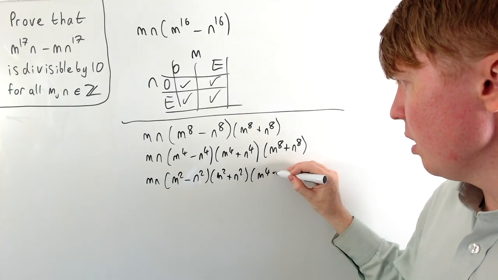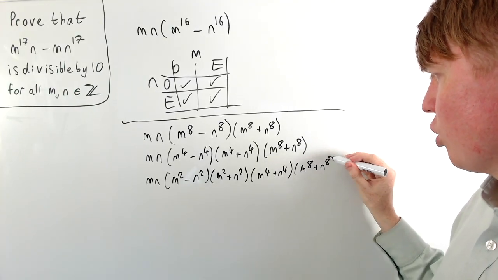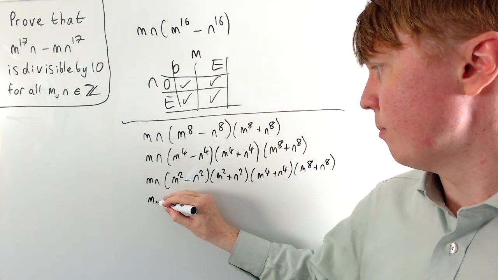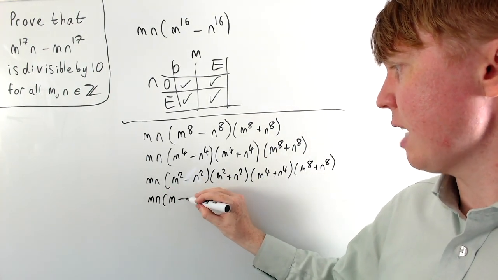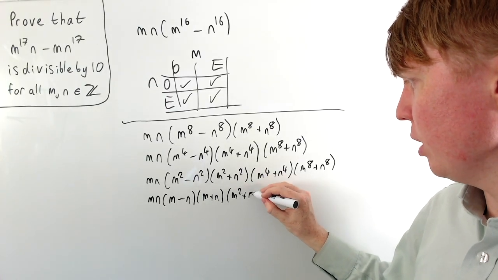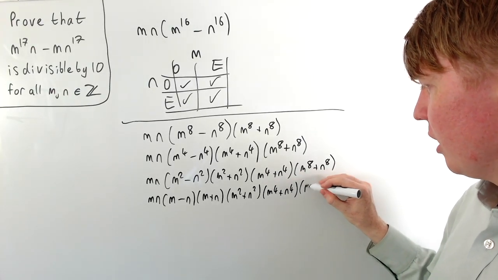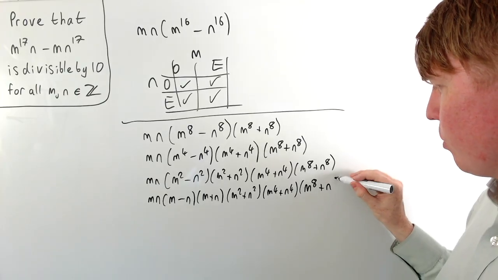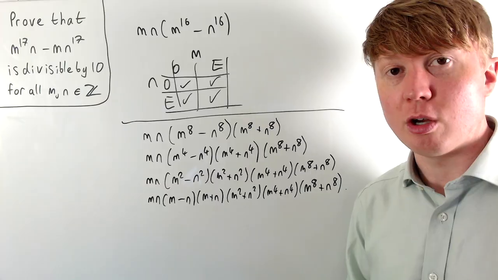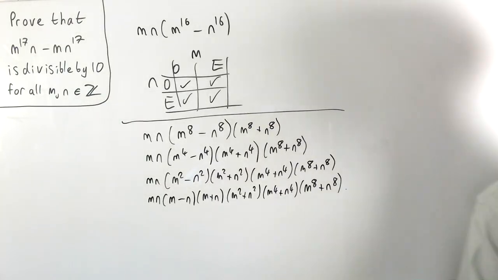Then we get these ascending powers of m and n at the end of our expression, and we can apply one final difference of two squares to m squared minus n squared to write this all as m minus n times m plus n times m squared plus n squared times m to the 4 plus n to the 4, and finally multiplied by m to the 8 plus n to the 8. So we'll be able to use this factorisation now to help us show that our original expression is always going to be divisible by 5.